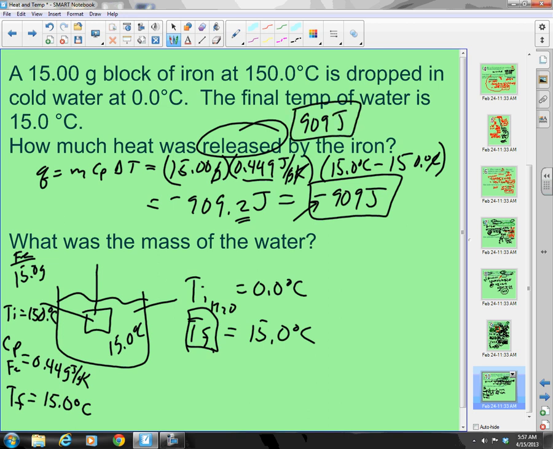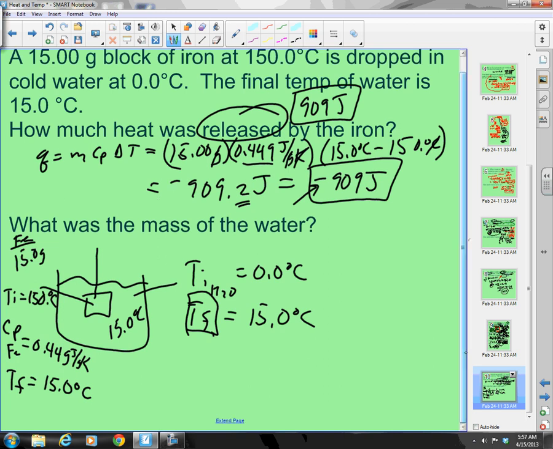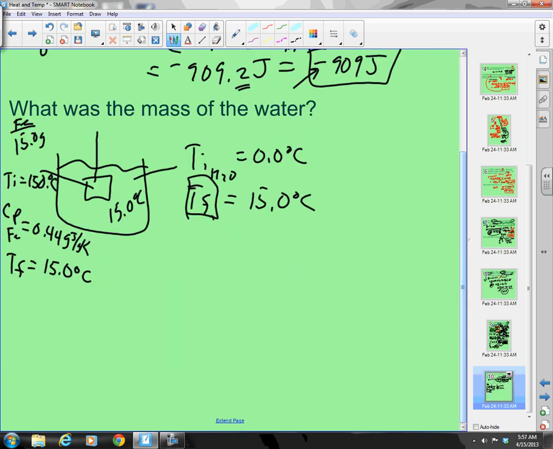Okay, great. What's the mass now of the water? Well, we go back to this. Q of my iron equals negative Q of my H2O. Why do we say that? All the energy lost, all the heat lost by my iron goes into the water. So if I have a negative 909.2 joules for iron, then what is the Q of my water?